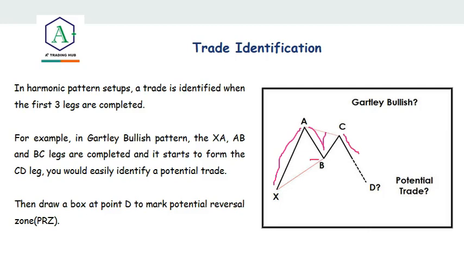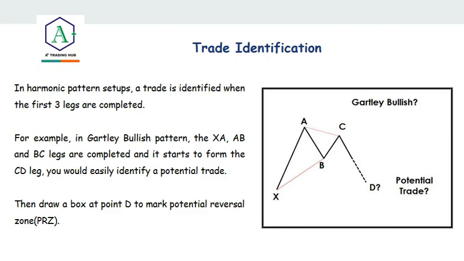So once price breaks below this neckline here, the B zone, there is high probability that this may be a bullish Gartley, or maybe a bullish butterfly, or maybe a bullish crab, or a bullish bat. So you need to wait for the first 3 legs to form completely. When the first 3 legs are complete and the CD leg has broken below the B point, you can now start projecting a harmonic pattern.